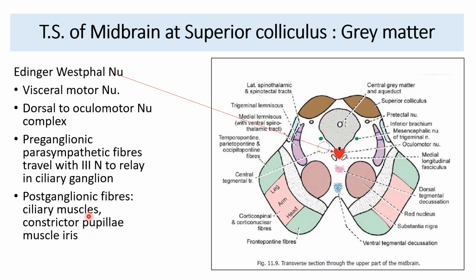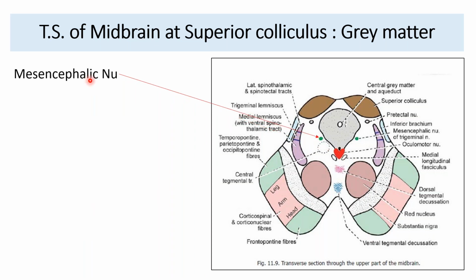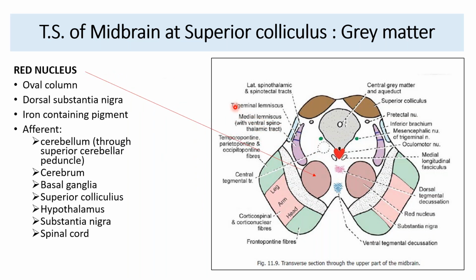So this is the role of the Edinger-Westphal nucleus, involved in the constriction of the pupil, which is called the light reflex: the constriction of the pupil in response to light. Now coming to the mesencephalic nucleus. We have already described that it carries the proprioceptive sensation from the area of the face.